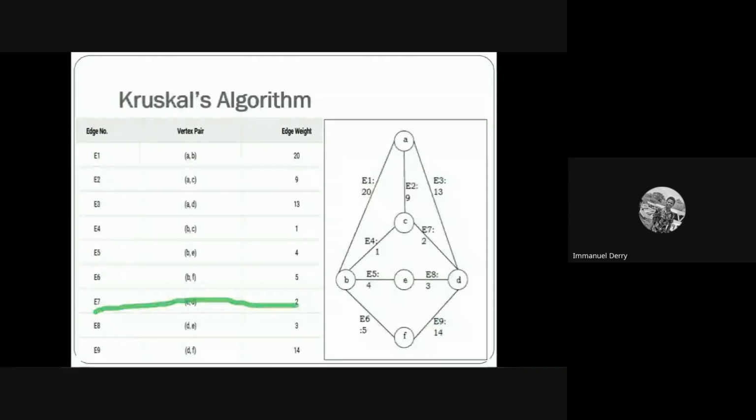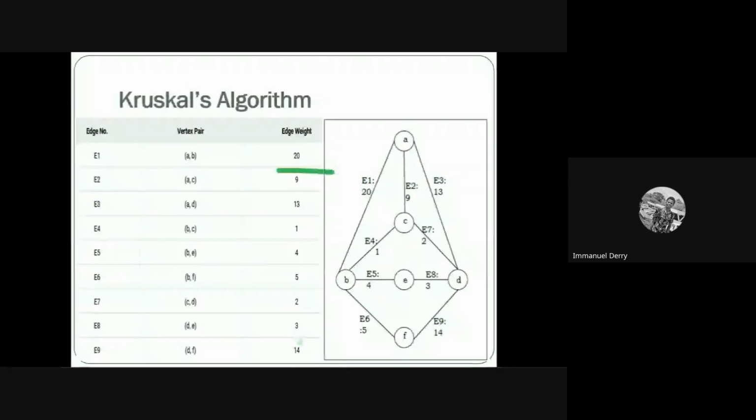So it picks edge E7 and then tries to form the minimum spanning tree with this one over here. If it is not forming a circle, then it will add it to the minimum spanning tree and move on to pick the least, which is 3 here, and then after that 4, and then 5, then 9, 14, 13, 14, and then 20.